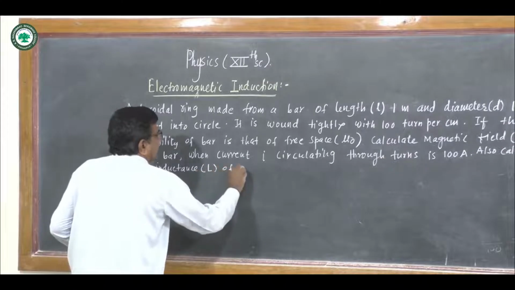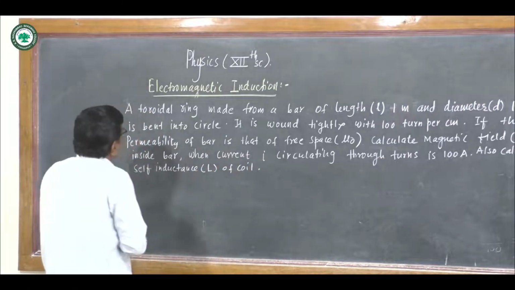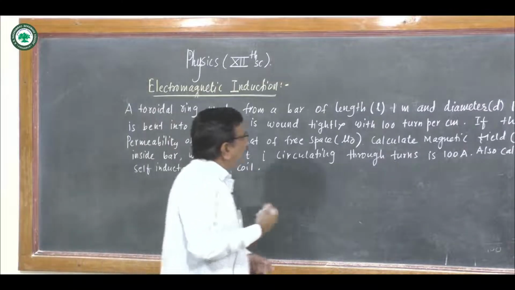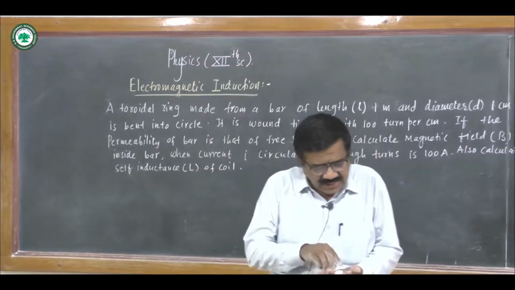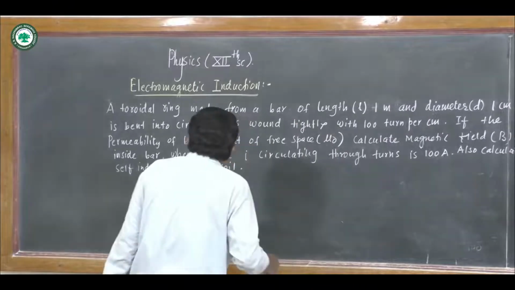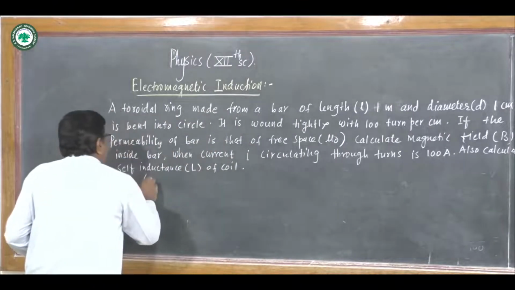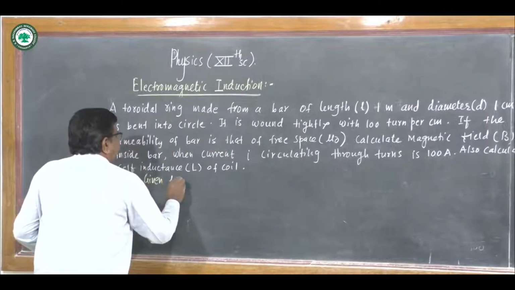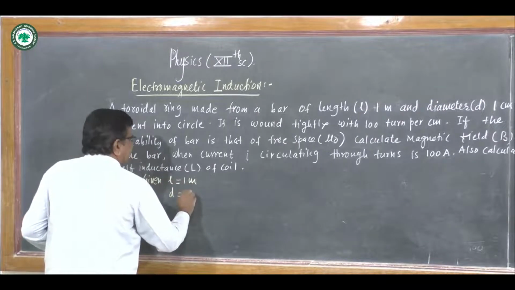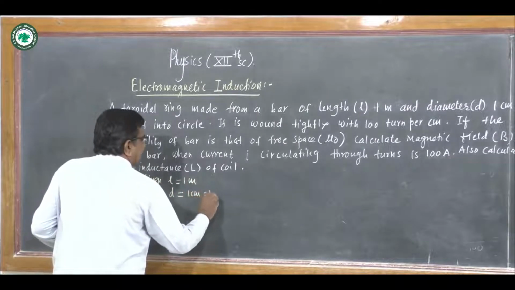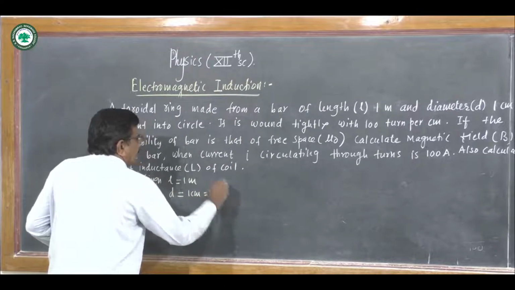See here, for the toroidal ring, its length and diameter are given. Length L is 1 meter, given data. Then the diameter is given, that is 1 cm. In meter, this is 10 raised to minus 2 meter.